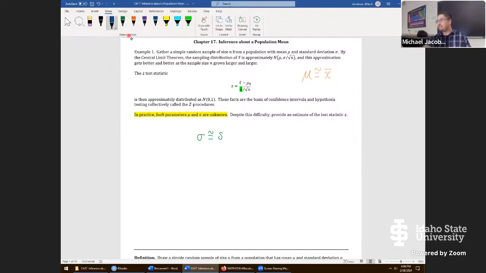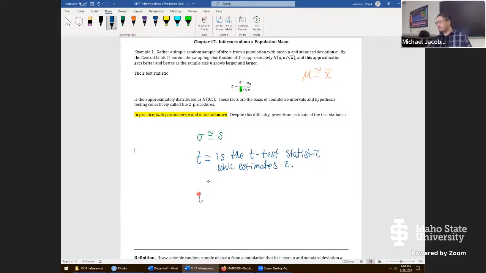So because of this, the statistic we're using is no longer z. It's called a t test statistic. So t is the t test statistic, which estimates that old statistic z.